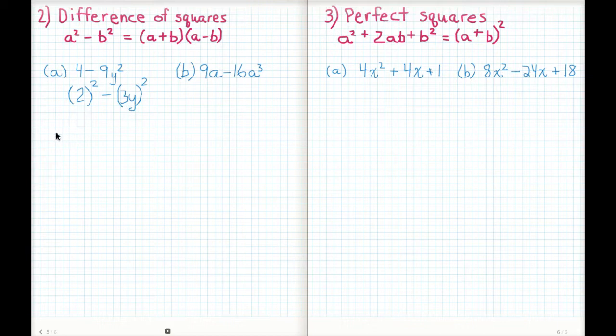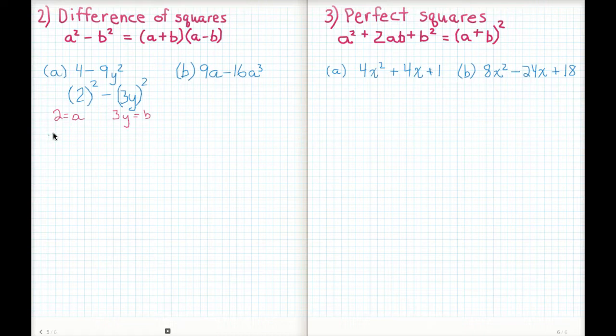And now I can kind of see, let's take a different color here, that if 2 is equal to a, and if 3y is equal to b, then I have a difference of squares pattern. 2 is squared, and 3y is squared, and they're subtracted. So that's a difference of squares. This is a square, that's a square, and difference is the answer when you subtract.